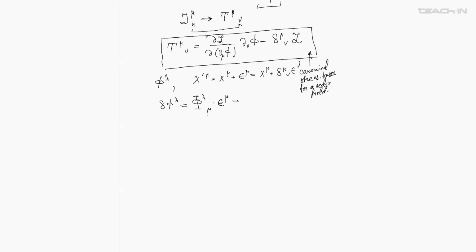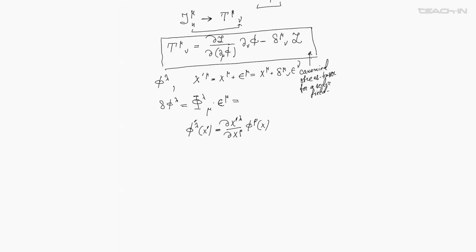So phi lambda prime on x prime should be given by d x prime lambda over dx rho phi rho on x. This is how the general formula looks. And the infinitesimal transformation will then be written in the following way.